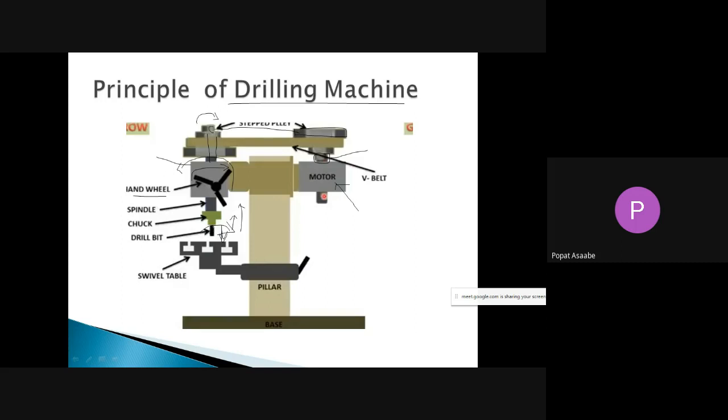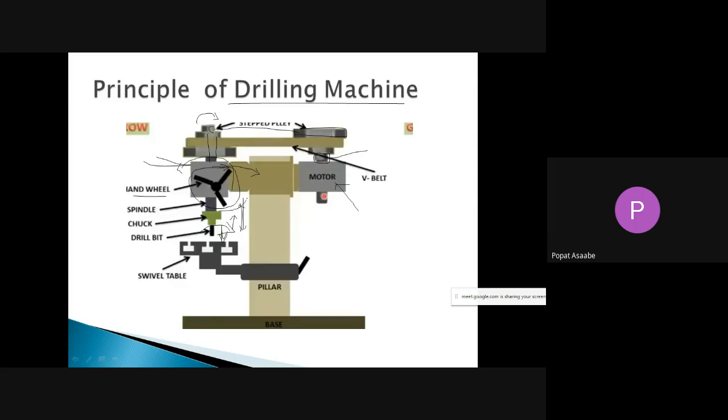Okay, then we can give the feed to the drill bit with the help of the hand wheel provided on the spindle head. This is the spindle head, and on that spindle head we have mounted one hand wheel. We just have to rotate that hand wheel in clockwise direction. That time your spindle will move in downward direction, and that drill bit is going to press into the workpiece, and because it is rotating, it will remove the material from the workpiece and produce the hole on your workpiece.